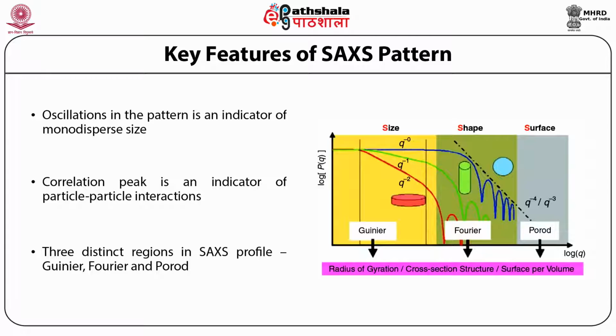The first is the Guinier region, the second is the Fourier region, and the third is the Porod region, which is clearly shown in this graph. The Guinier region will reveal the size, the Fourier region will reveal the shape, and the surface information can be obtained from the Porod region. Let's see each and every one in detail.